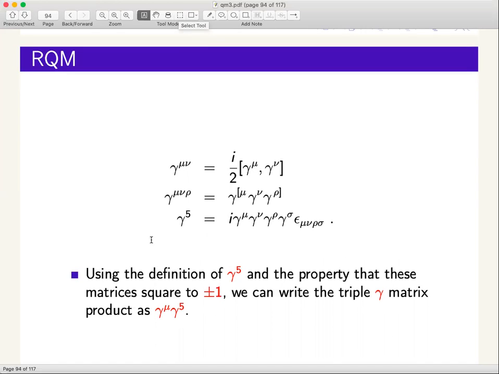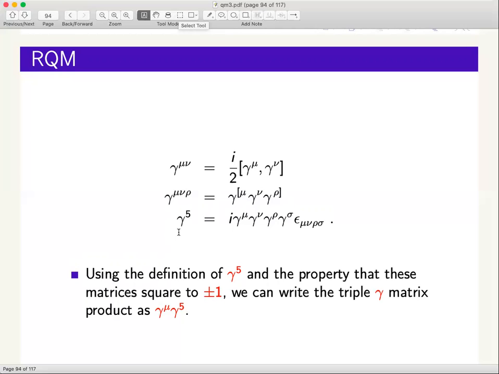Gamma phi is a scalar in the sense it does not carry any space-time index, but it is not a scalar the way the identity matrix is, because gamma phi contains epsilon mu nu rho sigma, and that would change sign under parity transformation, because out of these four indices, three are spatial and they would flip sign. So gamma phi, in spite of being a scalar, actually flips sign under parity transformation, and therefore it is called a pseudo scalar.